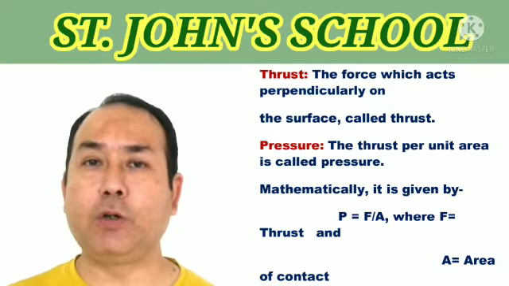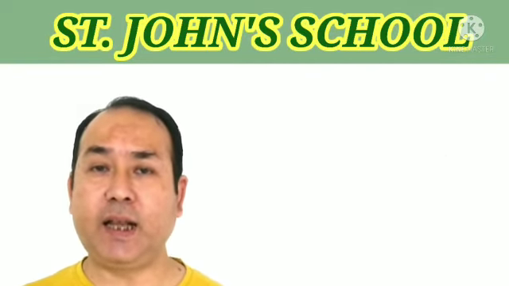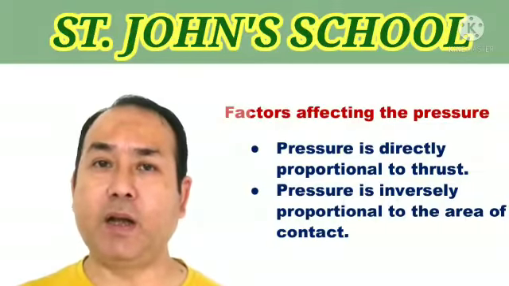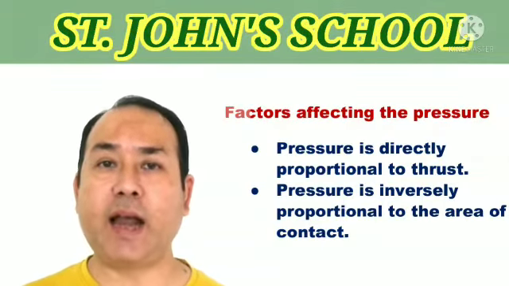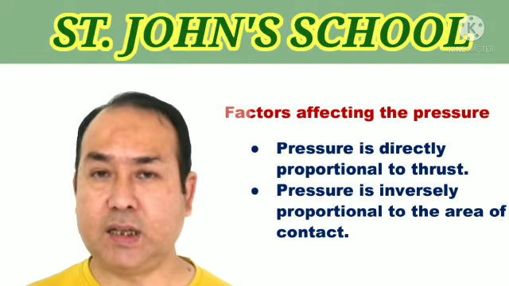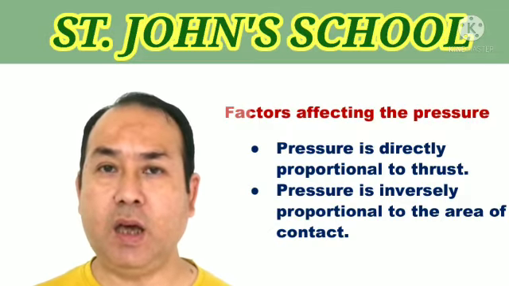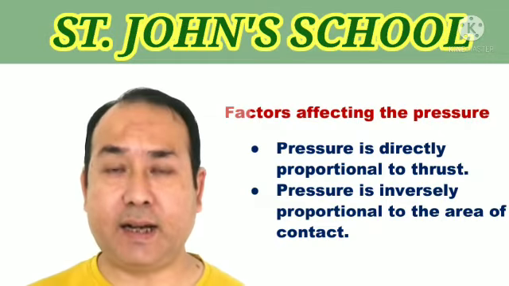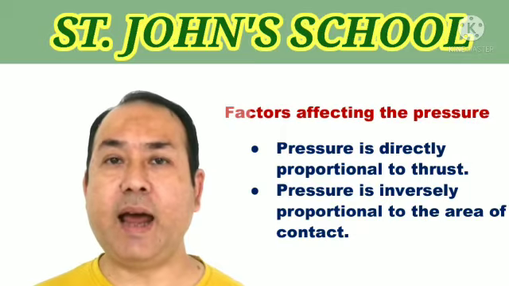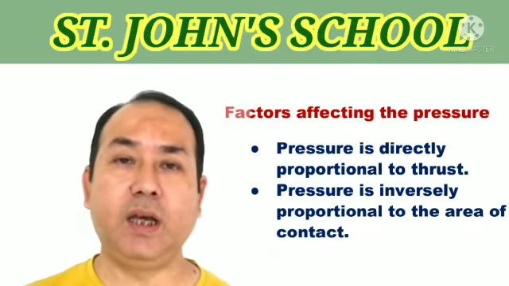P is directly proportional to F, as both are in the numerator, whereas A, the area of contact, is in the denominator, so pressure and area of contact are inversely proportional. So the more the force applied, the more the pressure, and the more the area of contact, the pressure will decrease.